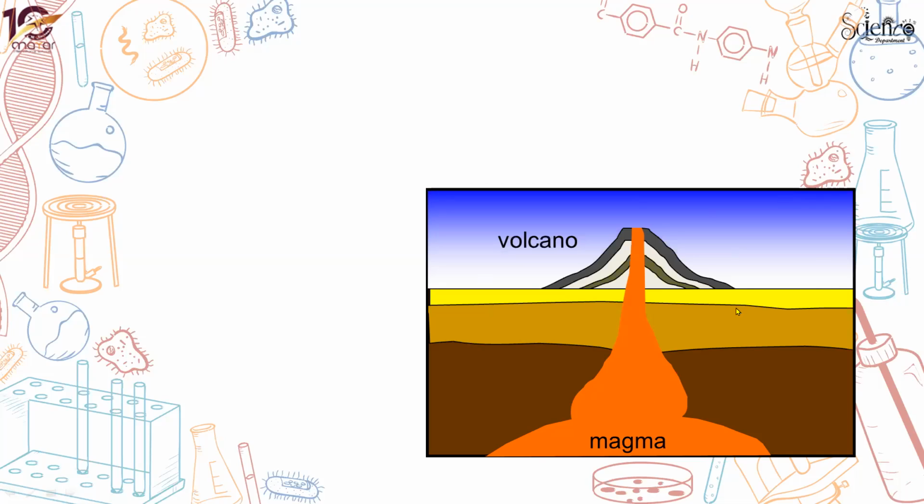Now, what's gonna happen if magma reaches the surface? Whether by a volcanic eruption or tectonic plates movement, the magma reaches the surface. What's gonna happen? Yes, Haneen? Teacher, can you repeat the question, please? What's gonna happen when magma reaches the surface?